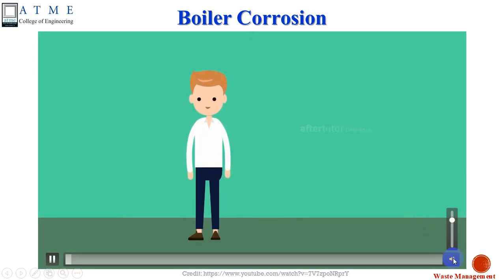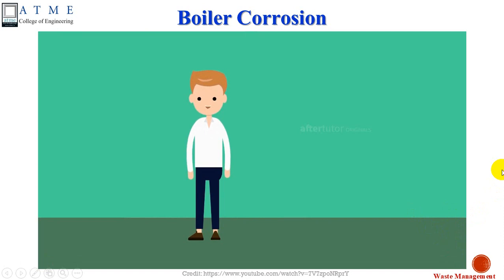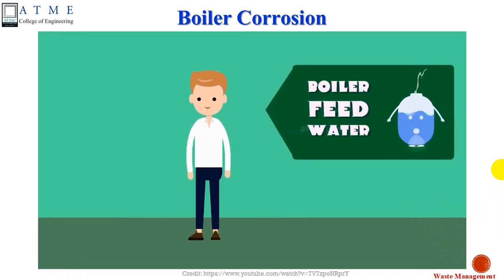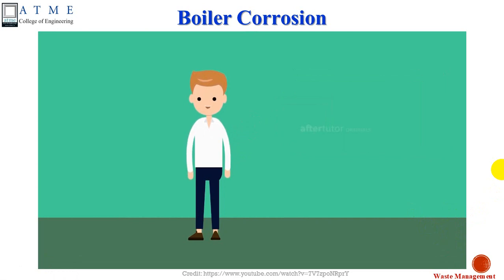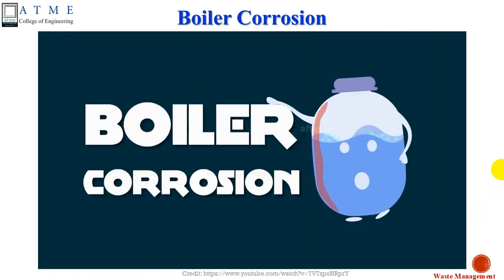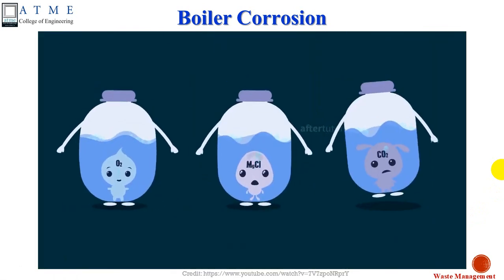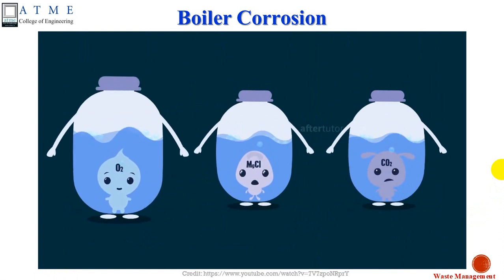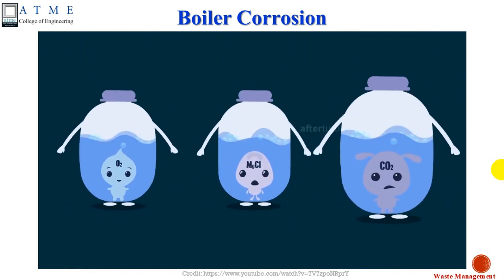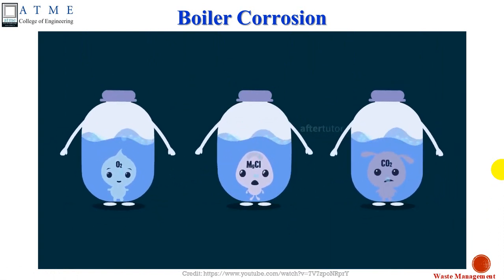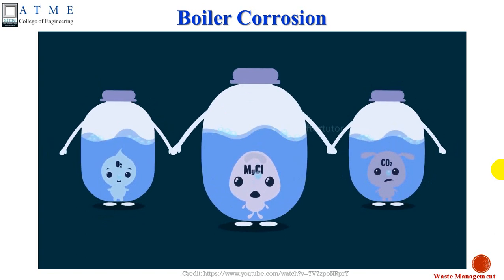Today's topic is all about boiler corrosion. Previously, we discussed a form of corrosion which is infused in the metal of the boiler feed water. Likewise, now we are moving to a similar topic called boiler corrosion. Boiler corrosion is due to the presence of dissolved oxygen, dissolved carbon dioxide, and dissolved salts like magnesium chloride.